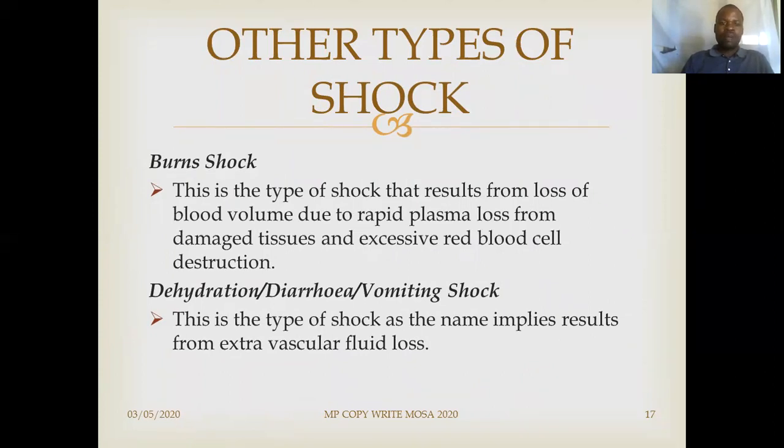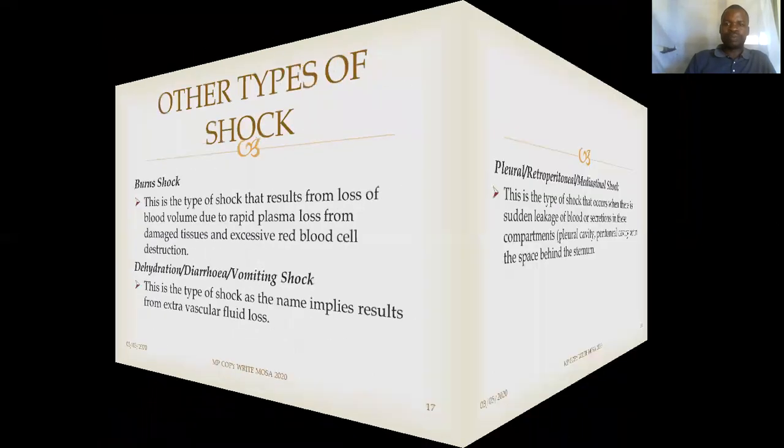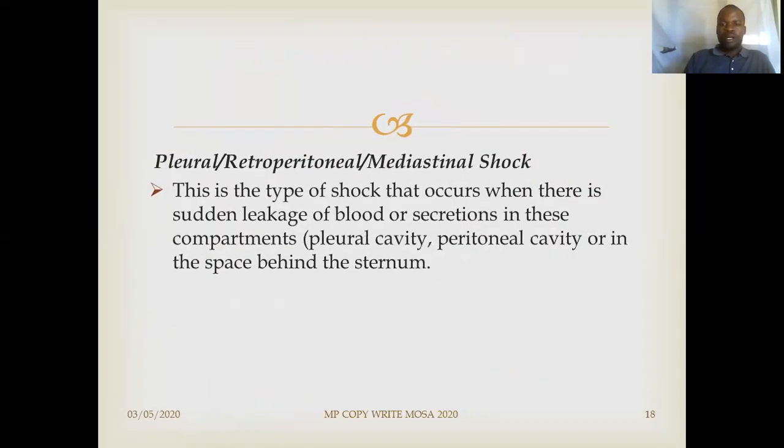Another type of shock is the dehydration, diarrhea, or vomiting shock. It's a type of shock which comes as a result of extravascular fluid loss. Another type of shock is retroperitoneal or mediastinal shock.